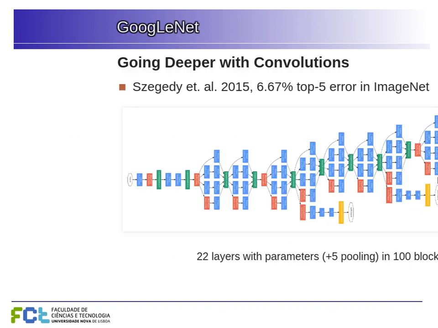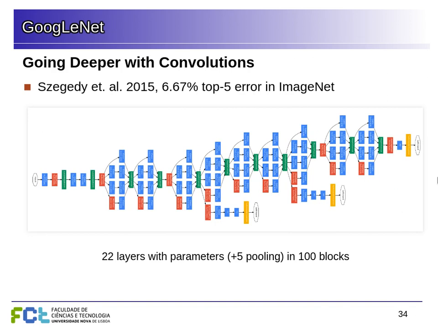This is from 2015. This is another network. These blocks represent the convolution layers, and then there are pooling layers here. There are some in parallel and so on. So the architecture is a bit more complex. We have a total of around 100 blocks here.